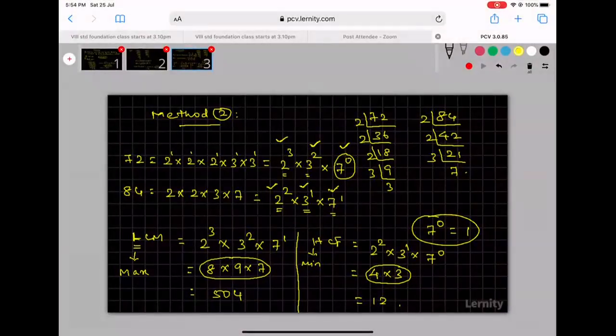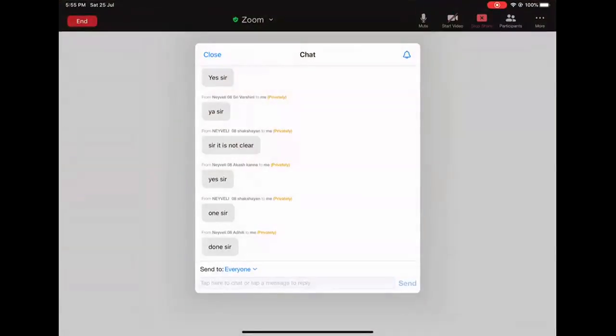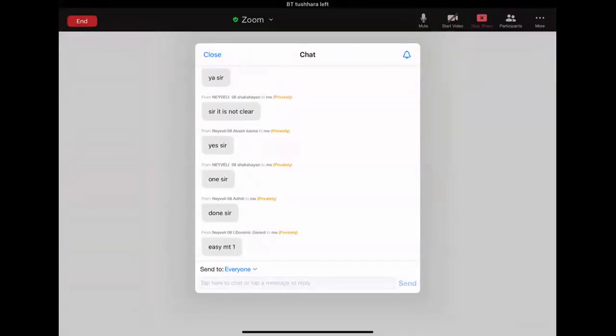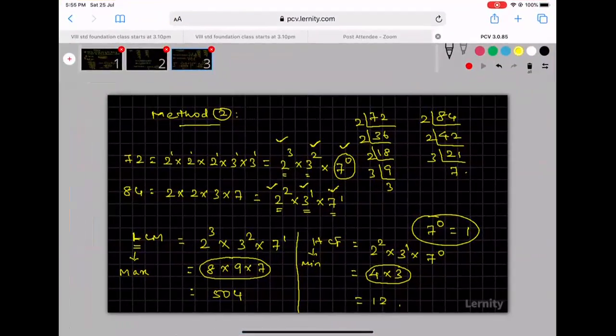Method 1 is easy or tough? Okay. Method 1 is easy. Okay, I will follow method 1 for the next problems.